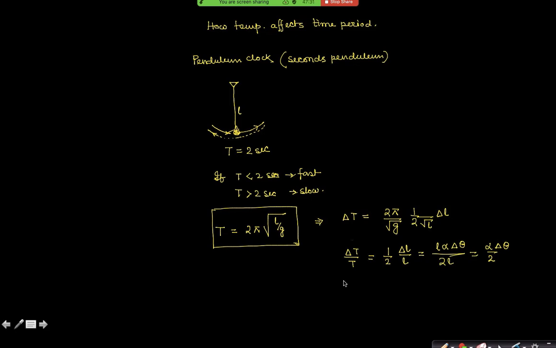Have you got it? So if I say that in one full day, how much is the time change? How do I find that? I'm saying this delta T by T is this one.